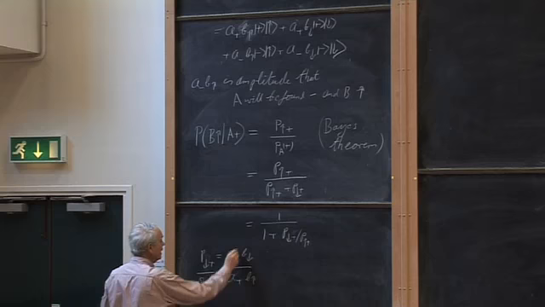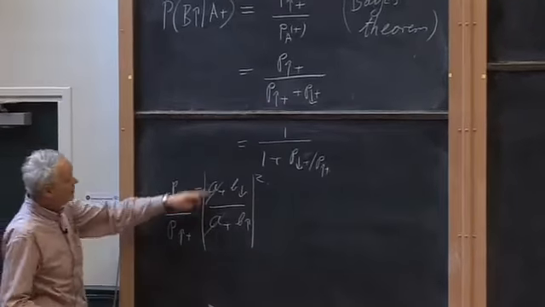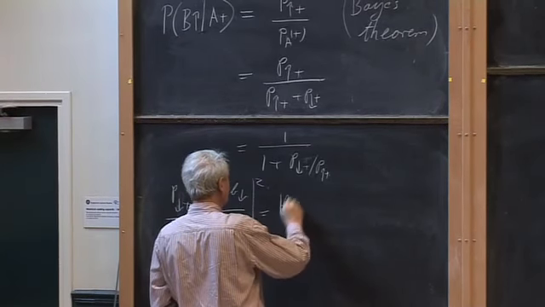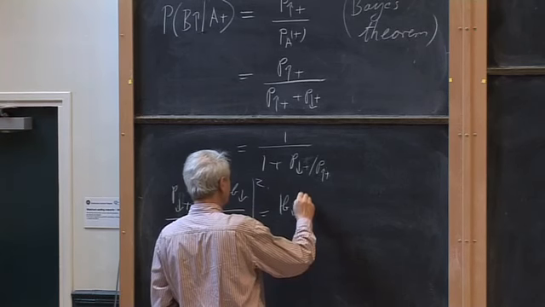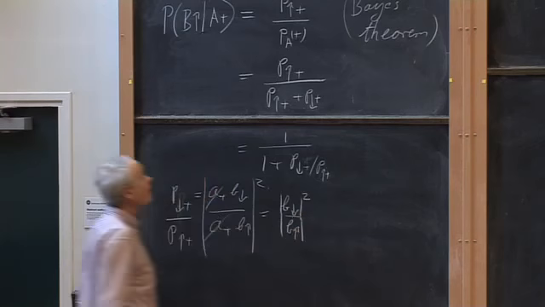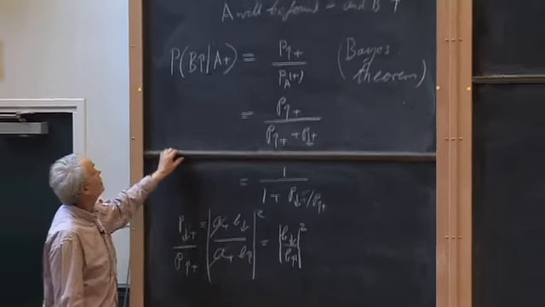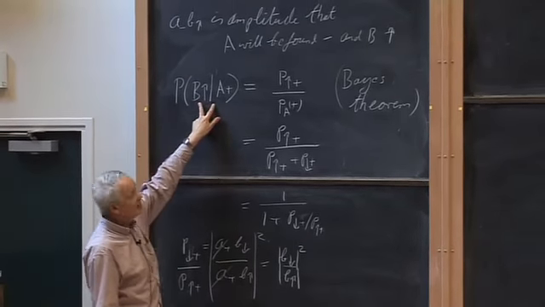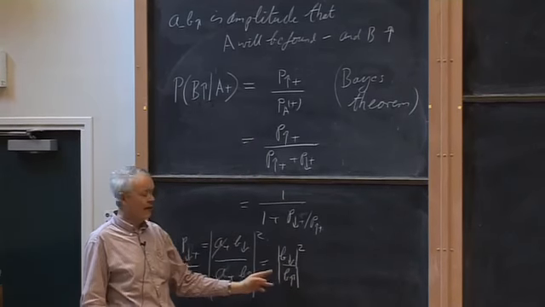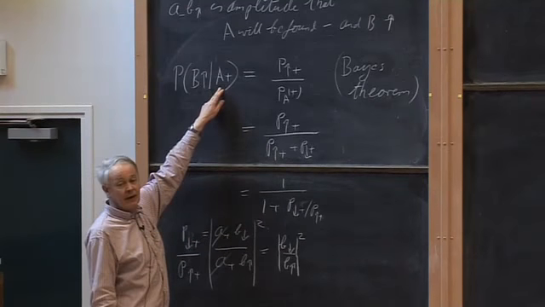So these A pluses cancel. Oh, and we need to take the mod square of this whole thing, of course. But the crucial thing is those things cancel, so this is in fact equal to this ratio of B down over B up. So what's the point? The point is that this probability, we've just shown, is independent of A plus and A minus. So this probability does not depend on the state of A.